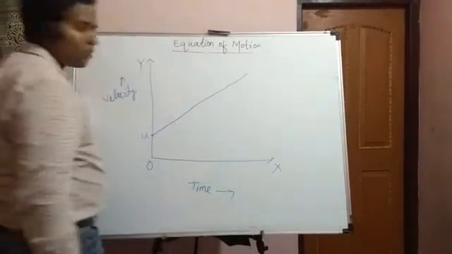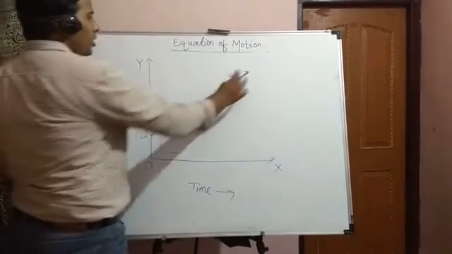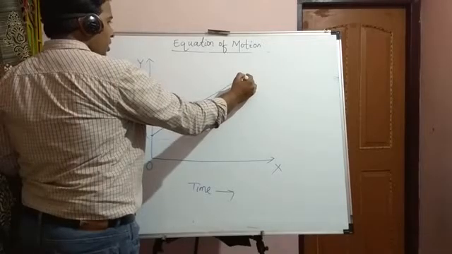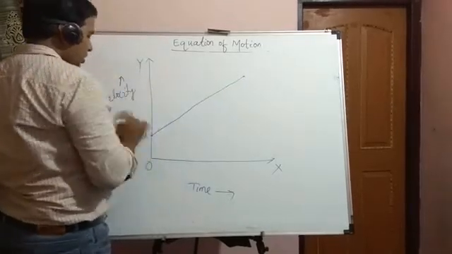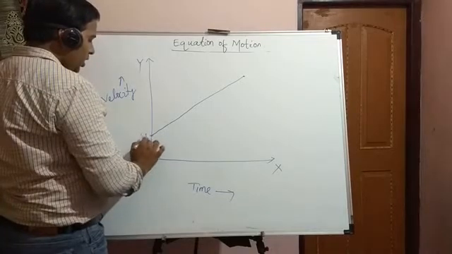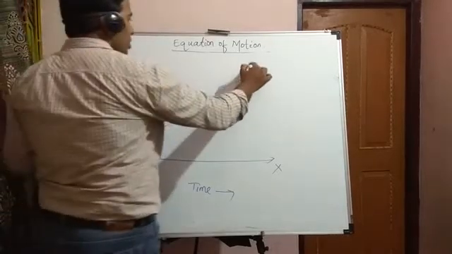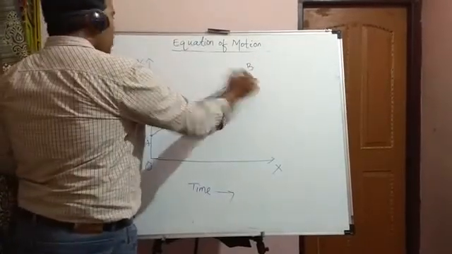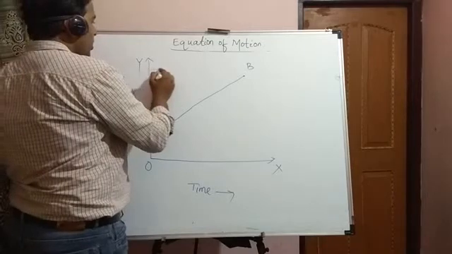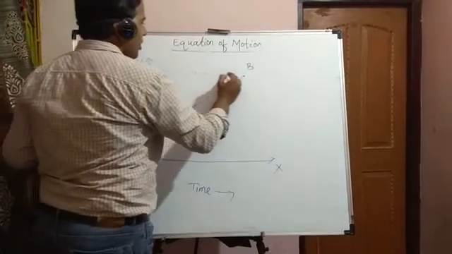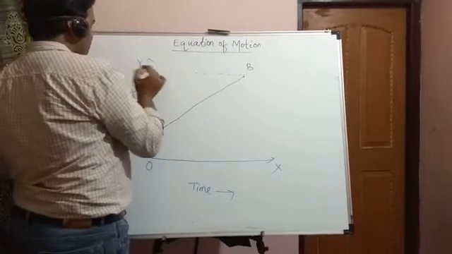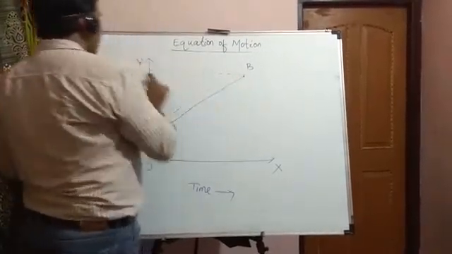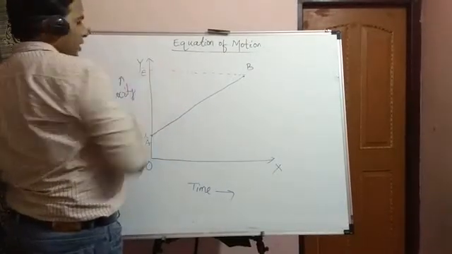After time t, let's give the name A to this point and B to this point. The velocity attained here is v. We can give the names O, A, B, and here the name E.